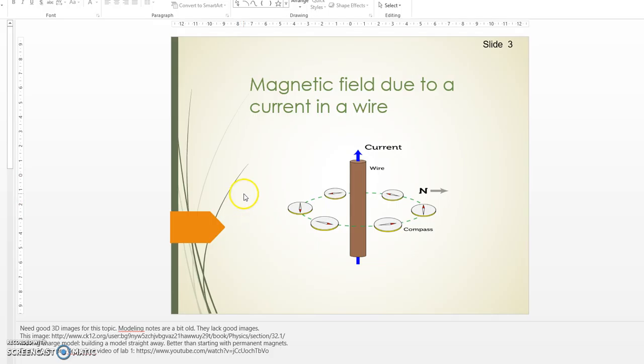One thing I will comment on is the diagrams in the modelling notes. They are starting to show their age, and this is one unit where good 3D diagrams can really help conceptual understanding.